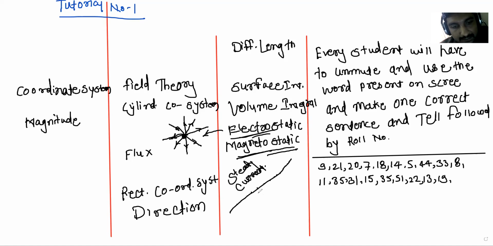Because of this steady current, there would be a setup of magnetic field. We call it a magnetostatic field, right? So what is the difference between electrostatic field and magnetostatic field? Electrostatic field is produced by stationary charges, and magnetostatic field is produced by steady current. I hope it is clear. Yes, sir, clear.